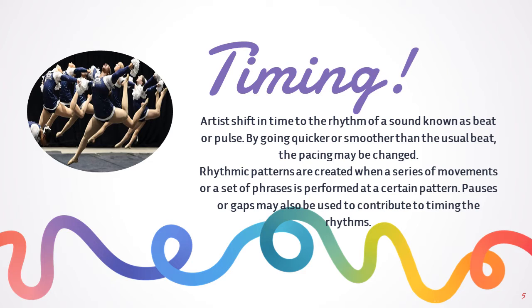Rhythmic patterns are created when a series of movements or a set of paces is performed in a certain pattern. Pauses or gaps may also contribute to the timing of the rhythm. That's why you are a good dancer if you are a good listener, because timing in dancing is very important.